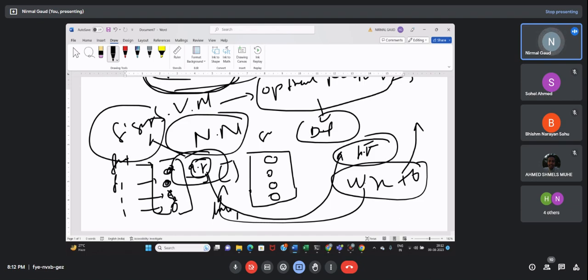Here, weight and bias represent a hyperplane in my case, and there it is the activation function. That is the difference.